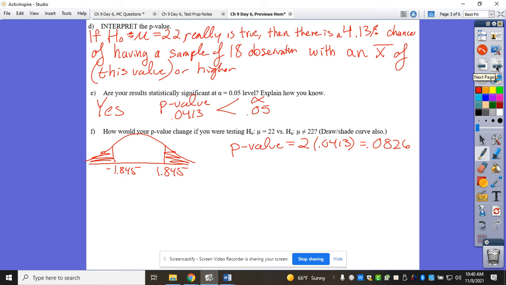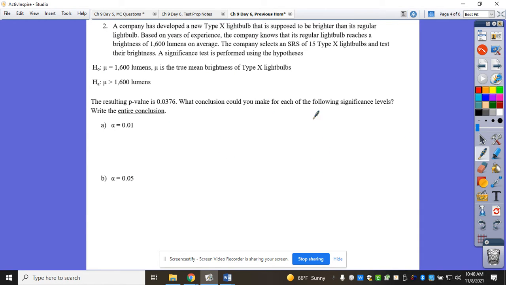The next problems are just basically understanding what you would do for your conclusion, and understanding how to write the conclusion correctly. So in this problem, it gave us the p-value. So really not much else matters other than just using it in context.